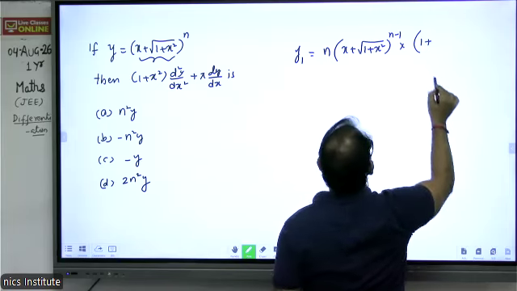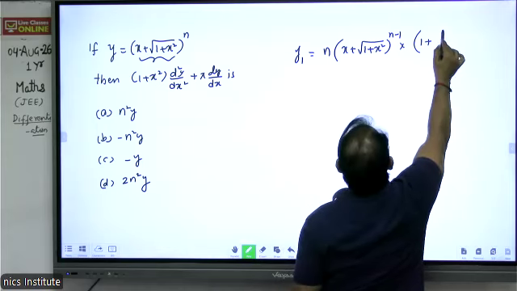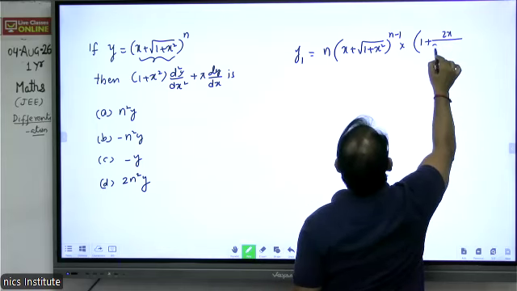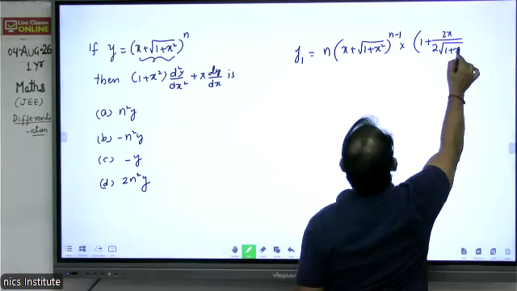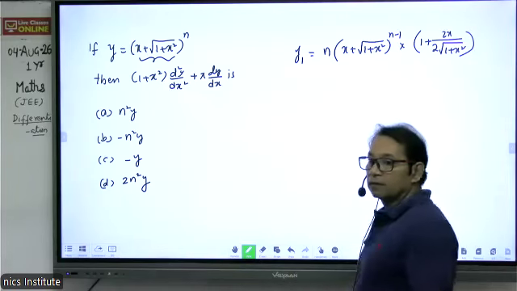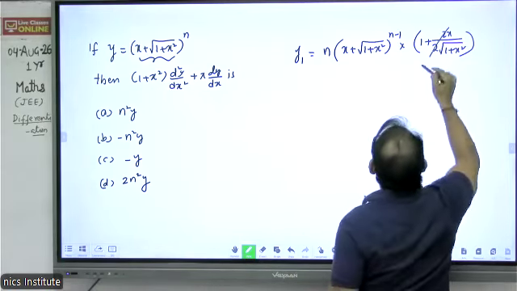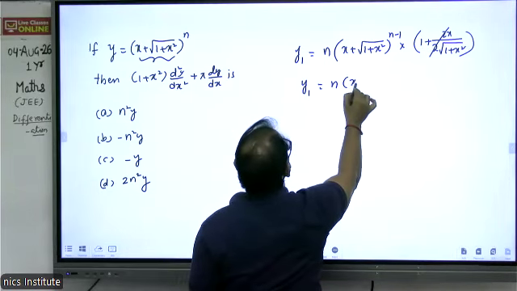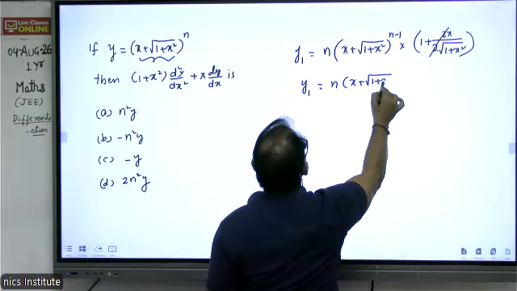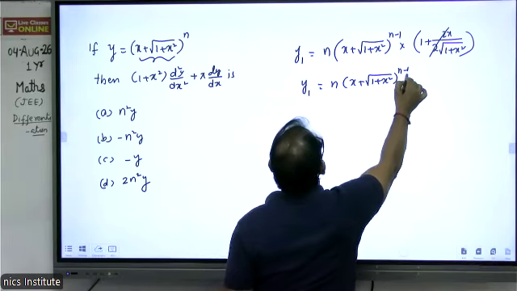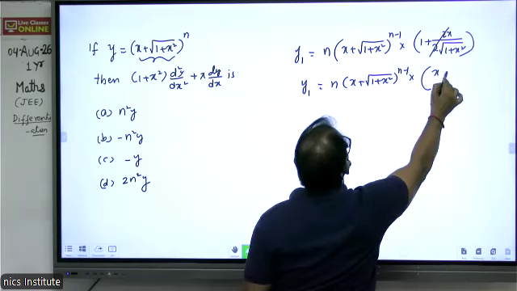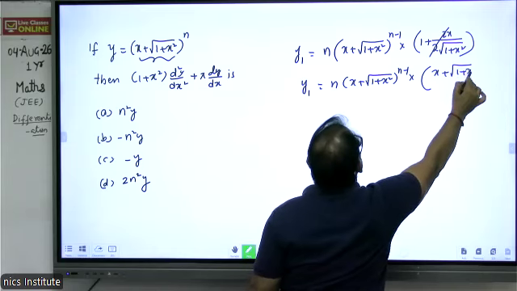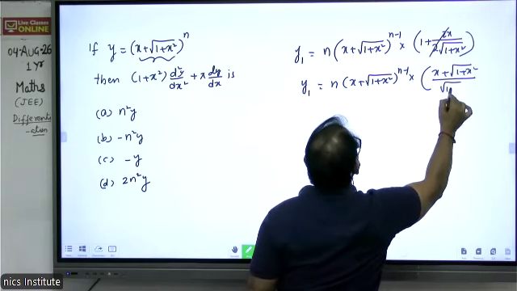Root f x is always f dash x, which is 2x by 2 under root 1 plus x square, right? Cancel 2 with 2. So this is y1 equals n times x plus under root 1 plus x square to the power n minus 1. Take LCM. This is x plus under root 1 plus x square by root of 1 plus x square.